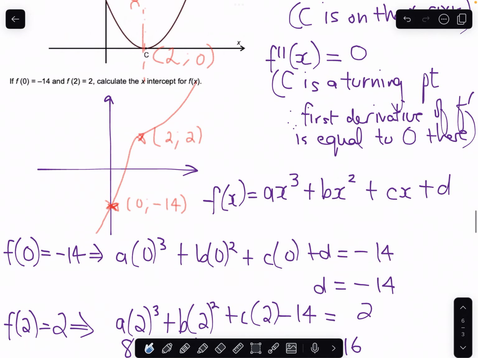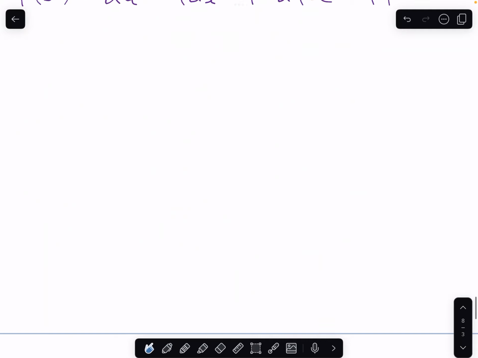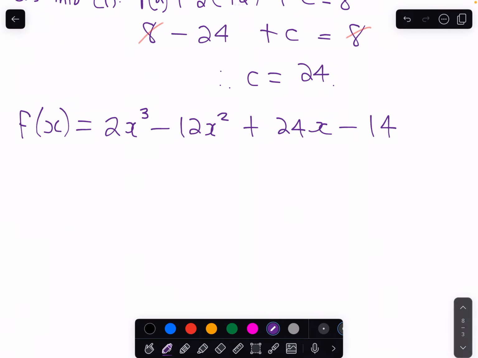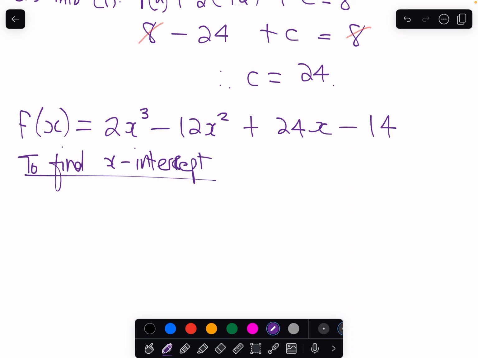Oh, what a long walk to freedom. Okay, right, the x-intercept. We're going to figure out where this function is equal to 0.